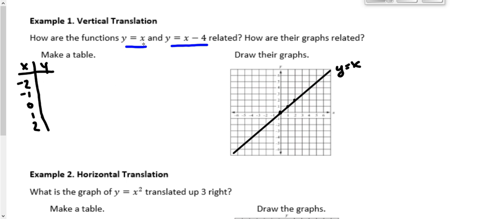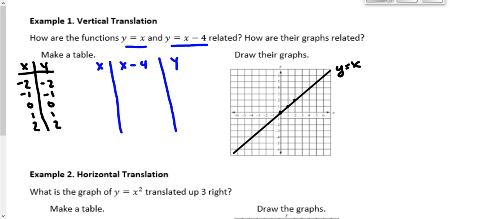Every value of x will be the same for y. But when we translate this, when we tack on that -4, I'll use the same inputs, but now my output's going to change.